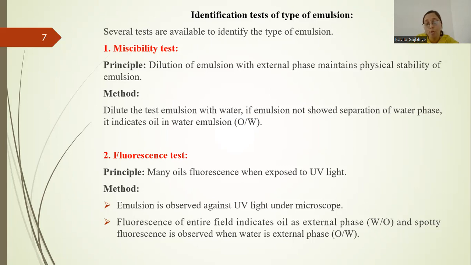As oil undergoes fluorescence when exposed to UV light, if your emulsion is W/O type, of course the external phase shows fluorescence. Whereas if your emulsion is O/W type, there is no fluorescence, or we can say spotty fluorescence is observed, when your external phase is water.